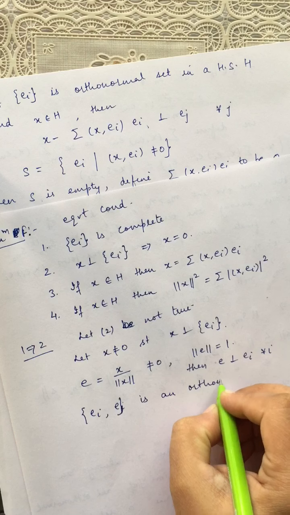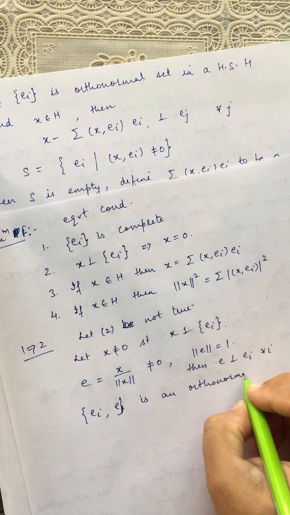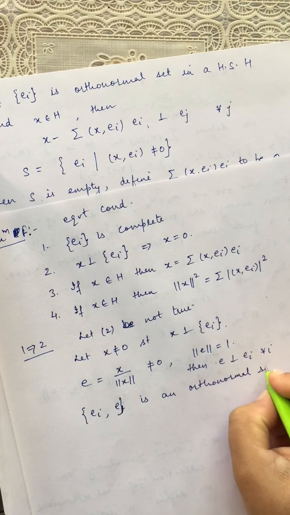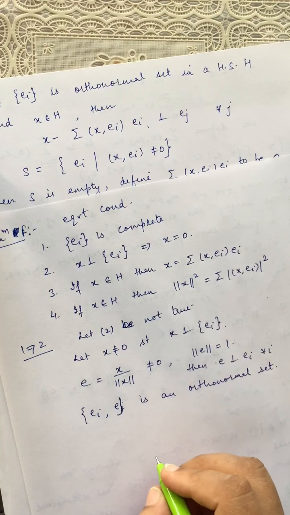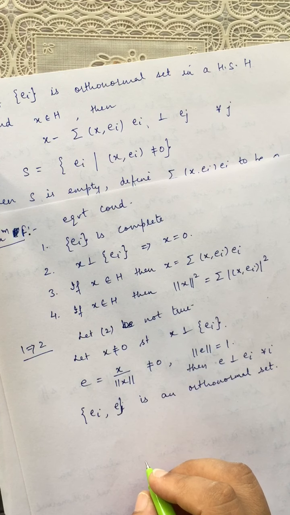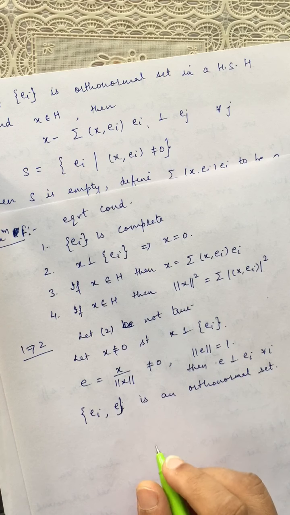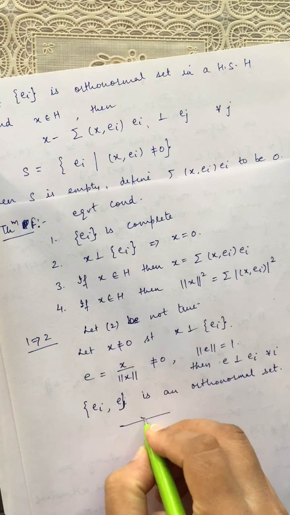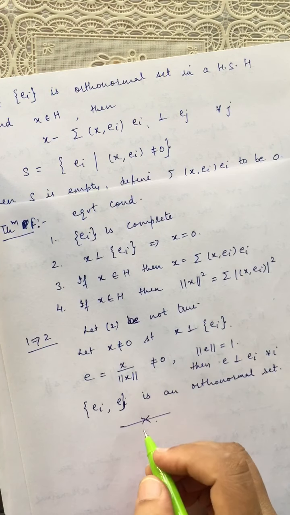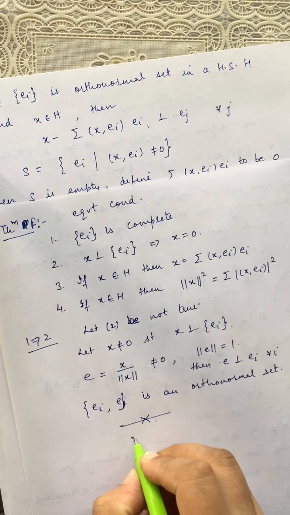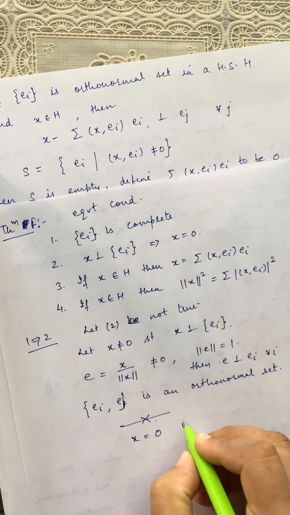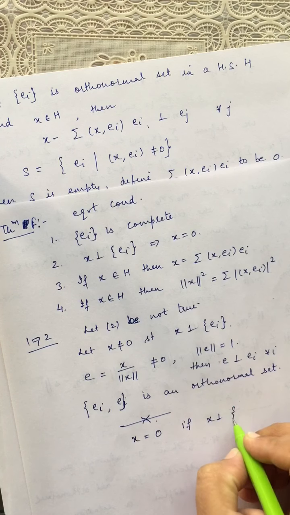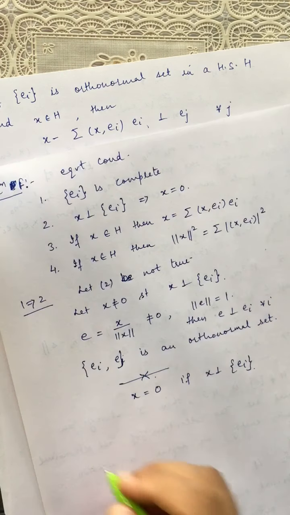But we have in the first part that EI is a complete orthonormal set, and the definition of complete says that no vector can be added to this complete orthonormal set to find an orthonormal set. So this is a contradiction. So it means 2 is true, which means X is 0 if X is perpendicular to the set EI.